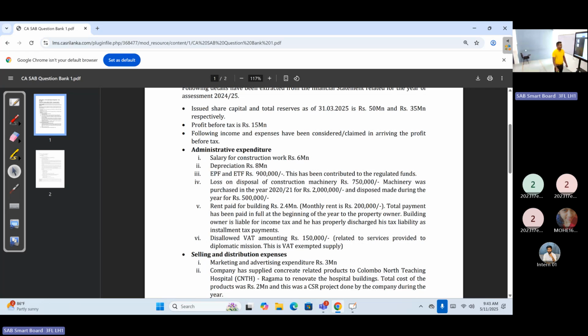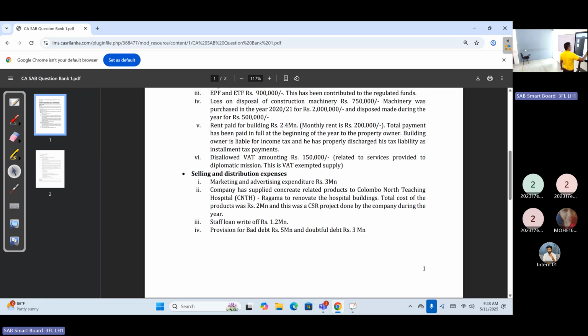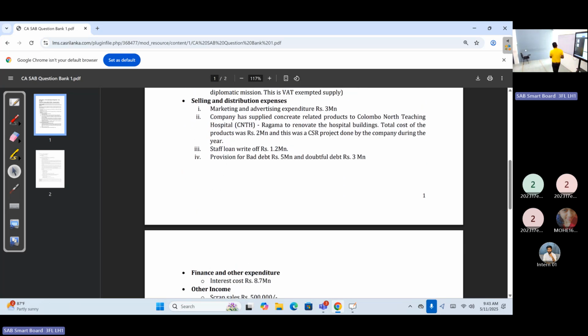Selling and distribution expenditure. Expenses. Syllabus.